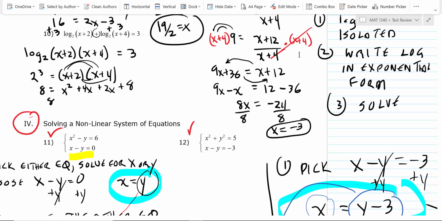So I get 8 equals x squared plus 6x plus 8. That's my quadratic equation. All right, what do I got to do to solve this quadratic equation? What's the next move? Subtract 8 to get one side equal to 0. Good, okay. So we got to subtract 8. When we do that, you're now going to get 0 equals x squared plus 6x.